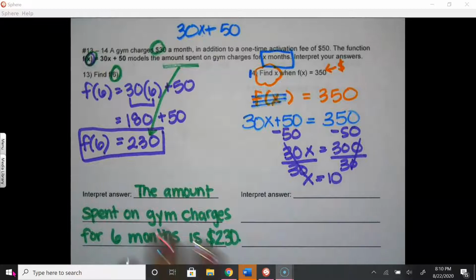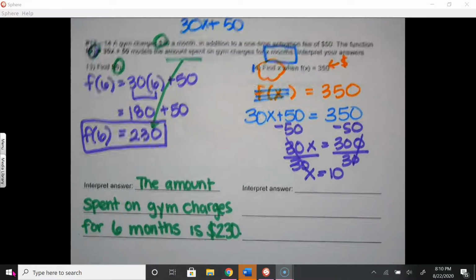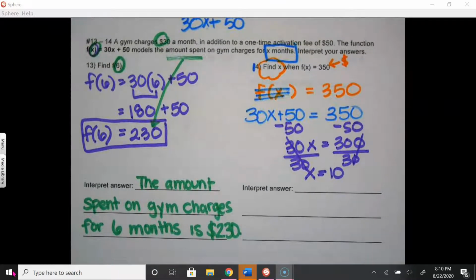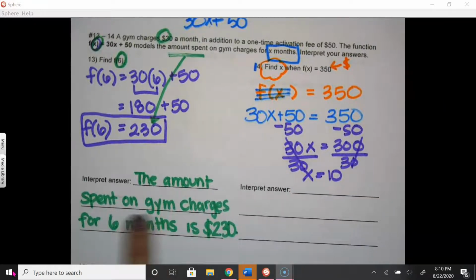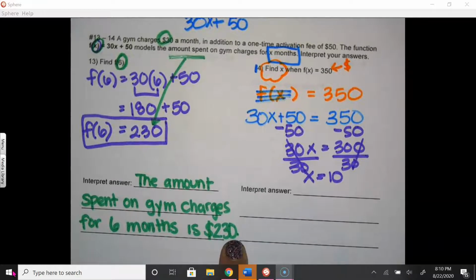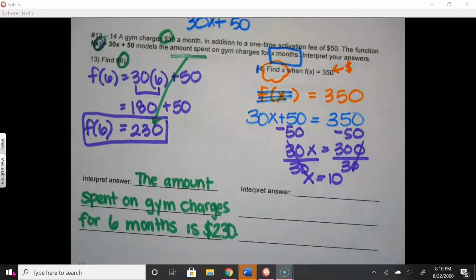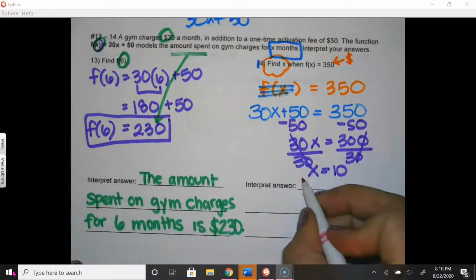You don't have to explain it exactly like this, but you have to pretty much say that 10 is the months and 350 is how much. Instead of saying the amount spent on gym charges for 6 months is 230, I'll word it differently in this one just to be different.